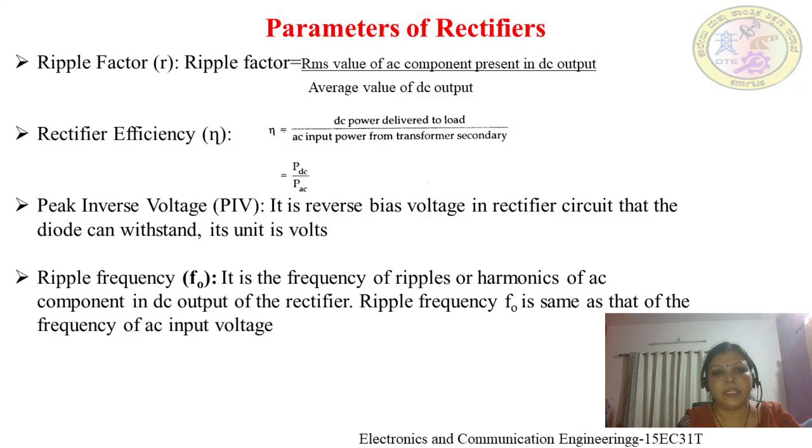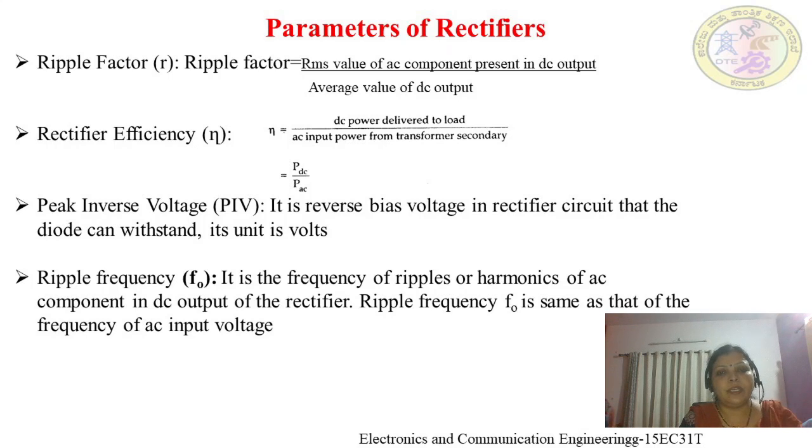Generally the question is asked in examination, define the ripple factor, and you have to just write down, it is defined as the ratio of RMS value of an AC component present in the rectifier DC output to the average value of the DC output.